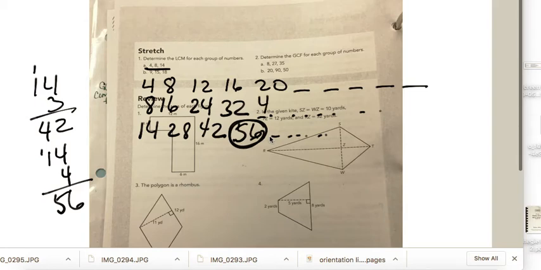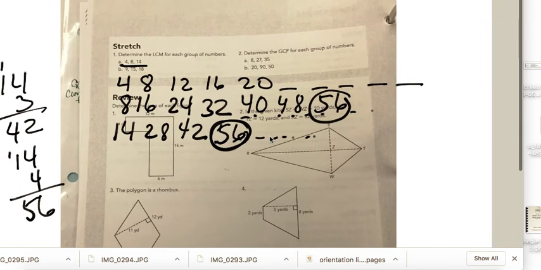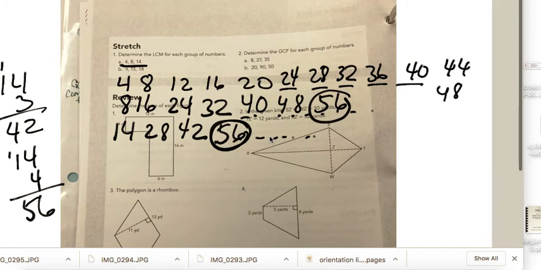So if I keep counting, I had 40, 48. There's my 56 for my 8. Now if I count by 4s, will I get 56? Well, you'd have to just kind of keep on going. So you'd have 24, 28, 32, 36, 40, 44, 48, 52, 56.